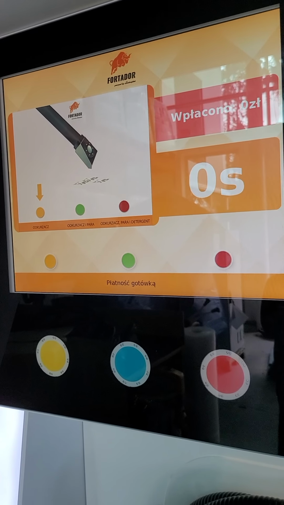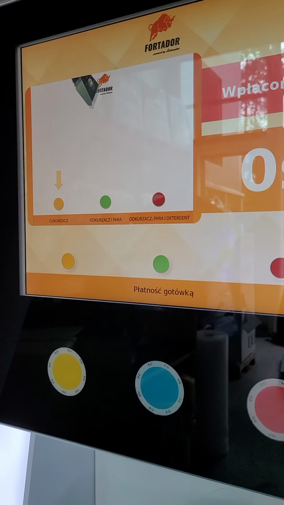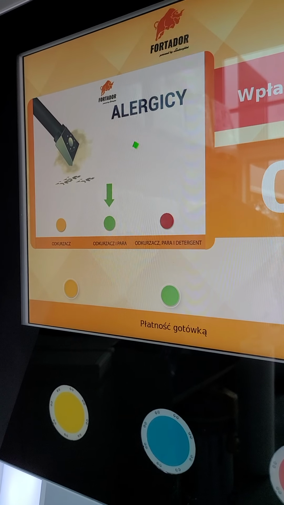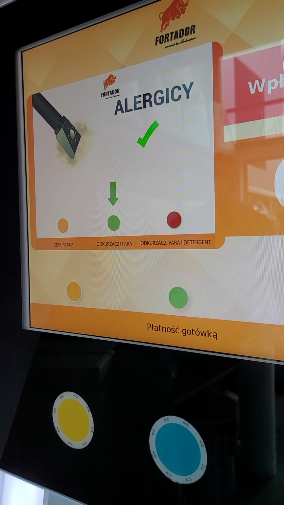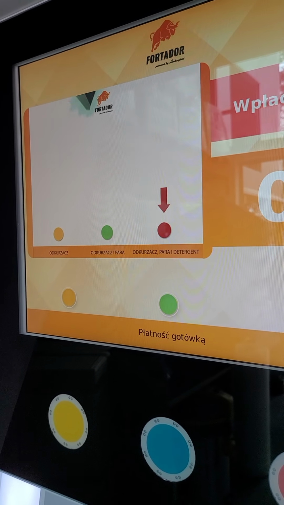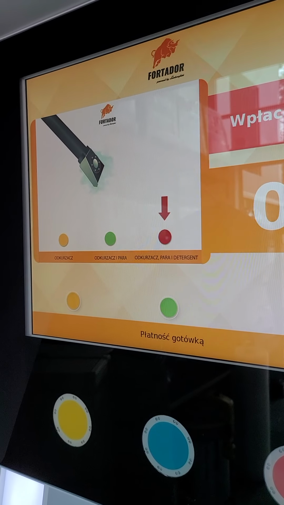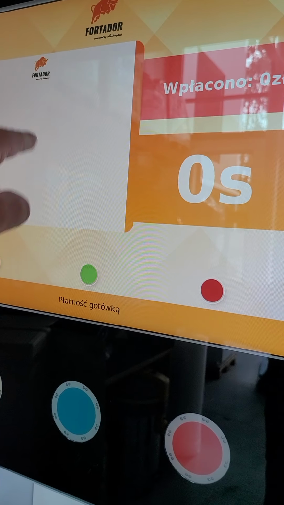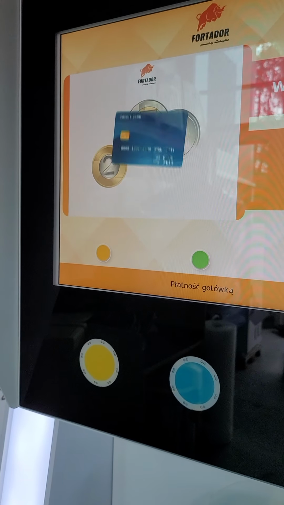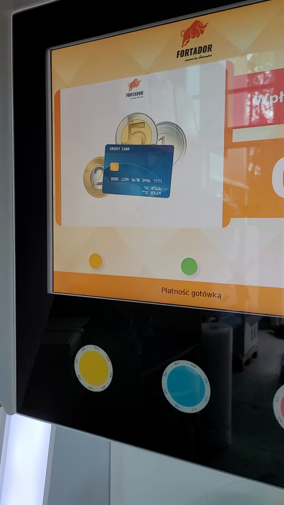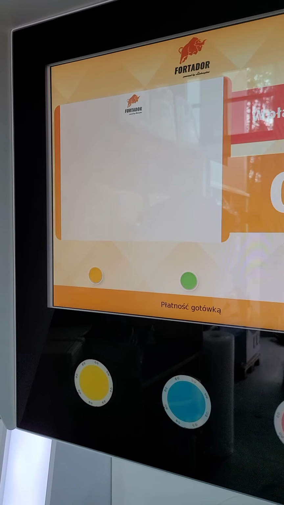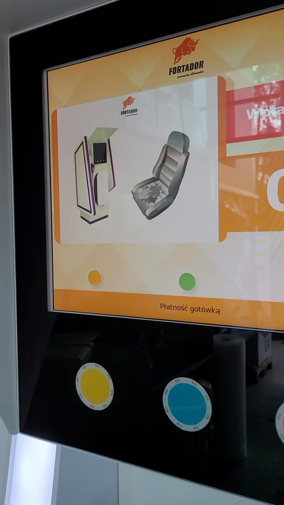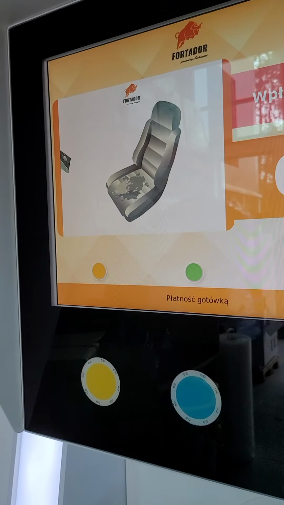It says you have three programs: vacuuming, steam and vacuum, and steam vacuum with the detergent. This one is also suggested as good for people who have allergies. And again, we have information: put money in it, and you could use the machine to clean upholstery.